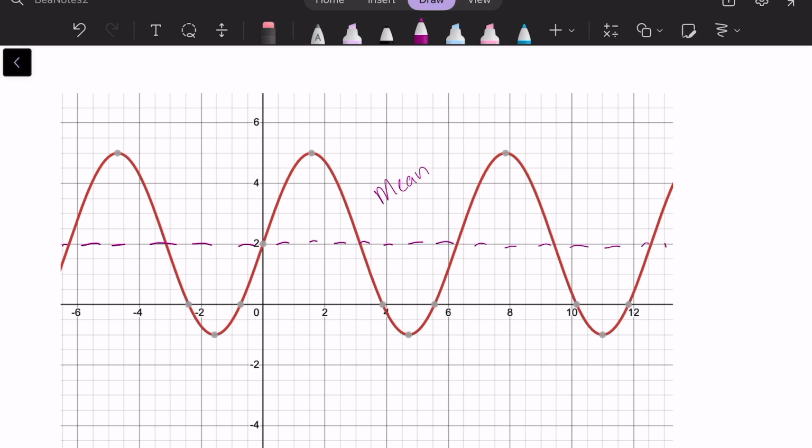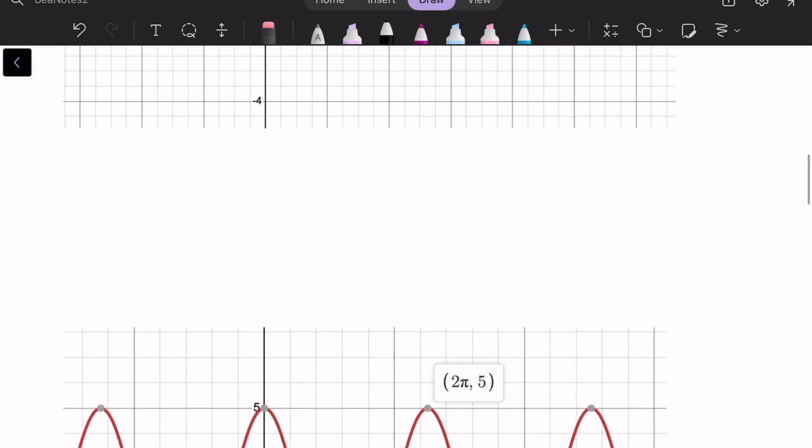In this case, the mean line is y equals 2, because that's the equation of that horizontal line that we created. The next important feature is the amplitude, which is the height from the peak to the mean line, like this height. In this case, the height is 3 because, as you can see, the height is 3 units up.